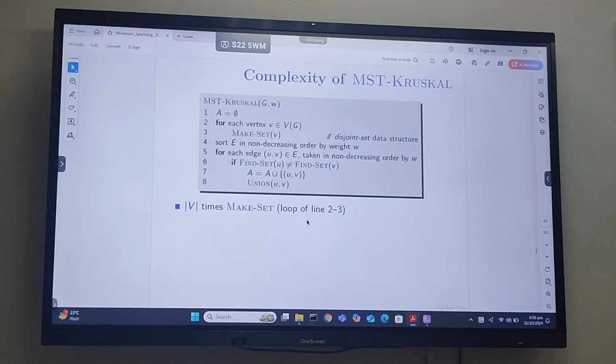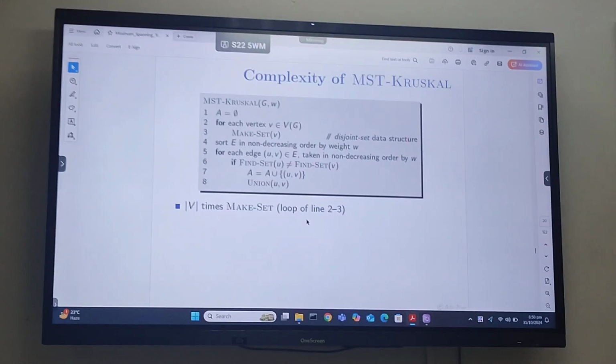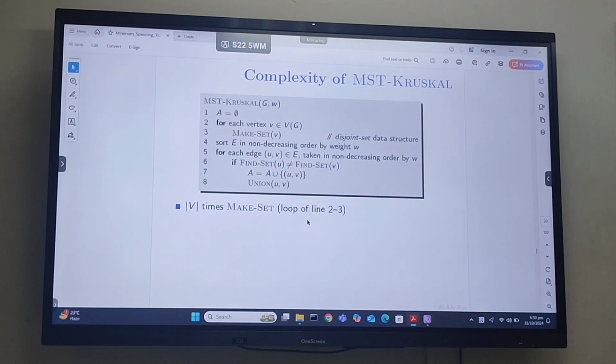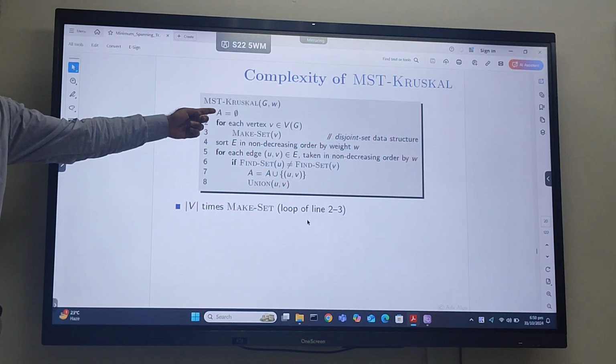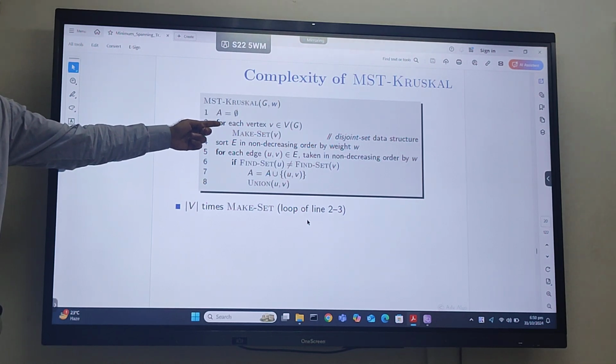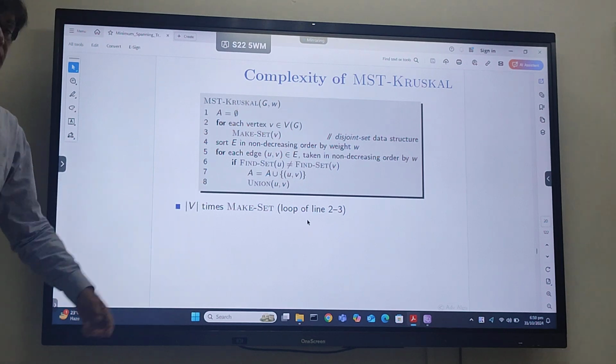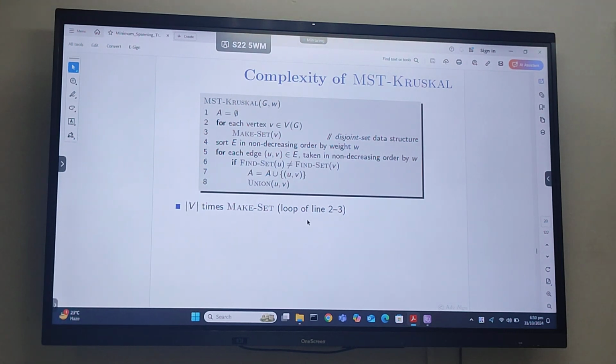Okay. So we won't go into too much exact detail, but we need to make set calls. The exact complexity will depend on how the data structures are implemented. We are running the loop for every vertex, and for every vertex we are making a set, so this will take some time, probably a very small time. And then we need E log E time to sort.